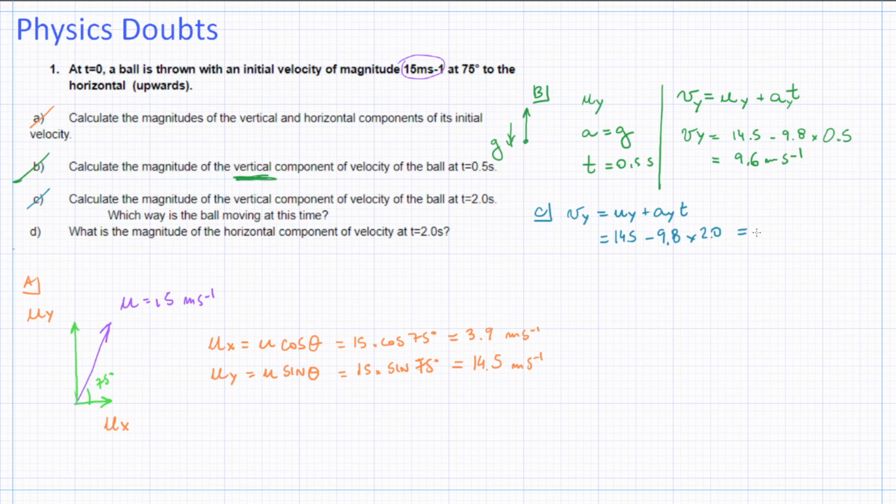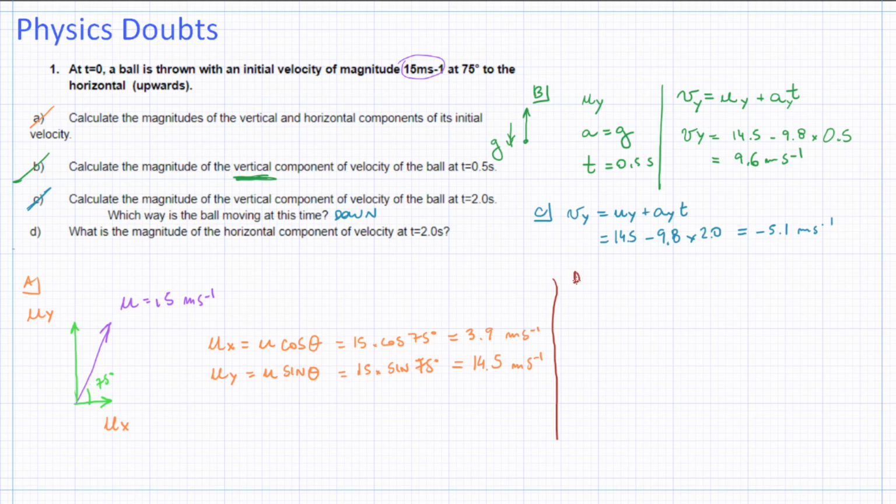So this is negative 5.1 meters per second. So since this velocity now is negative, it means that it's going in the opposite direction. So the ball is moving down. Letter C is done.